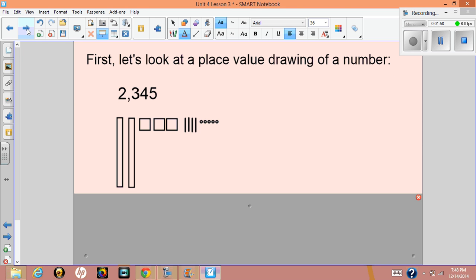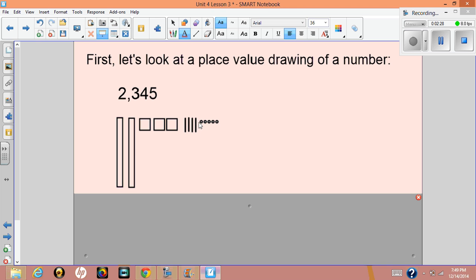First, let's look at the place value drawing of a number. This number, written in standard form, is 2,345. Here we have 2,000 bars representing the 2,000. We have 300 bars representing the 300. We have 4 10 sticks representing the 40.